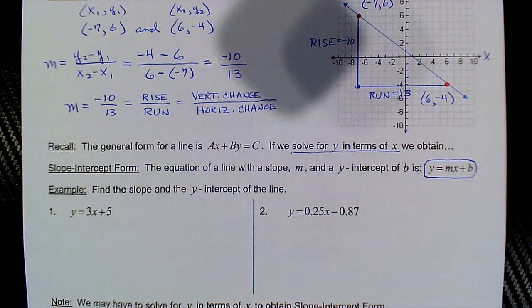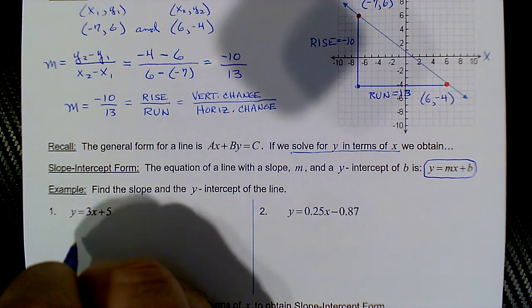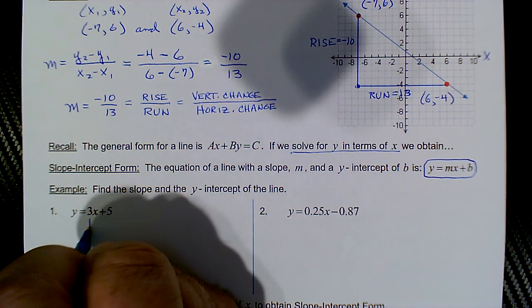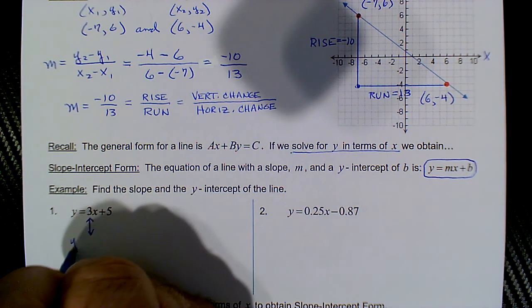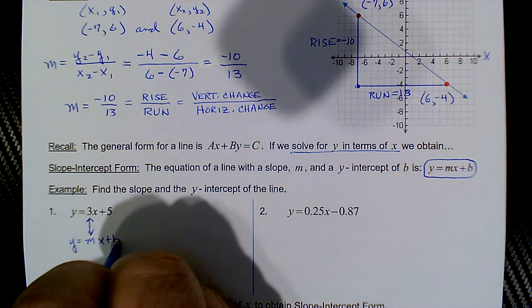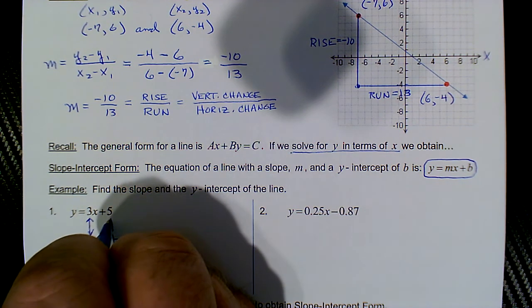And it doesn't matter, you can have decimals. Excuse me, you could have fractions. Just matching things up, mx plus b, with m being 8.5 and b being 0.87.